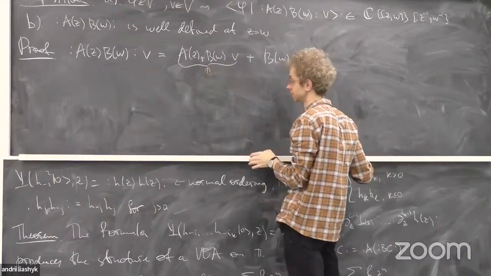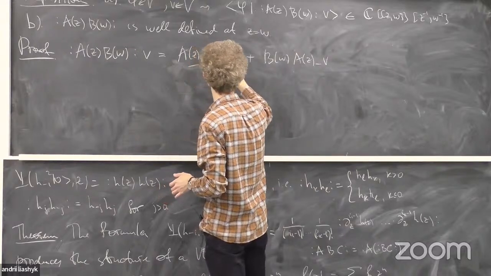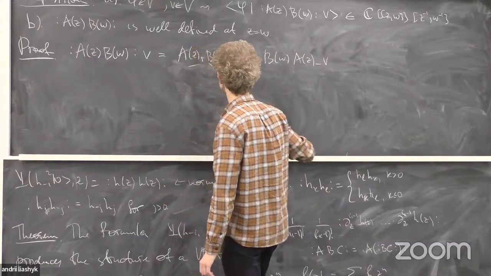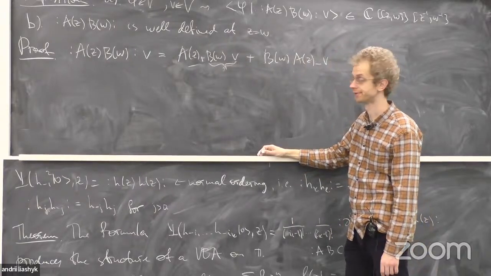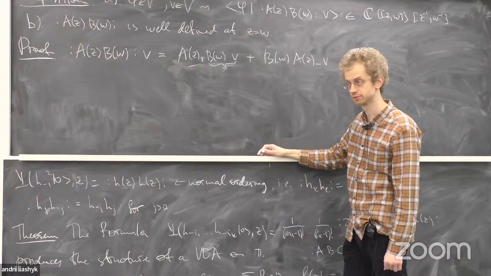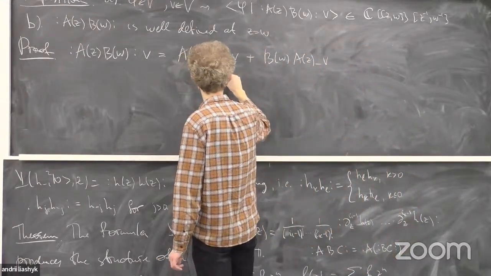Since these are fields, this sits in V of z, right?